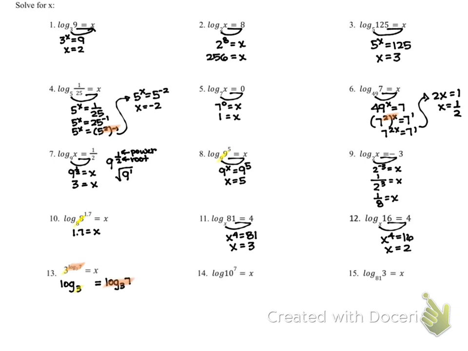And then whatever this was equivalent to, your exponential, is what goes inside. Okay, now if you look at this, we have log base 3 on both sides, if you read from left to right. If this is true, and it is, it's an equal sign, then the x has to match whatever the value is on the other side, which in this case is 7. So we have x is equal to 7.